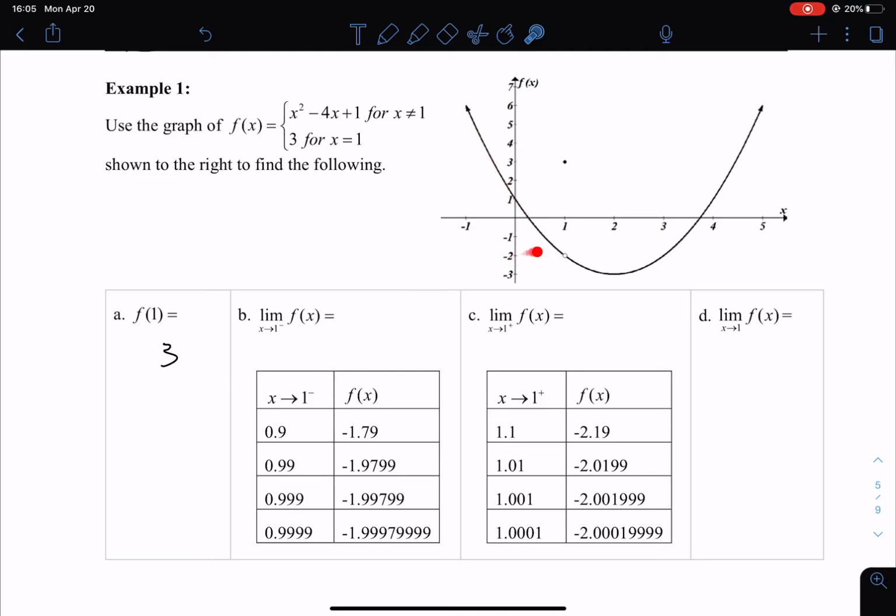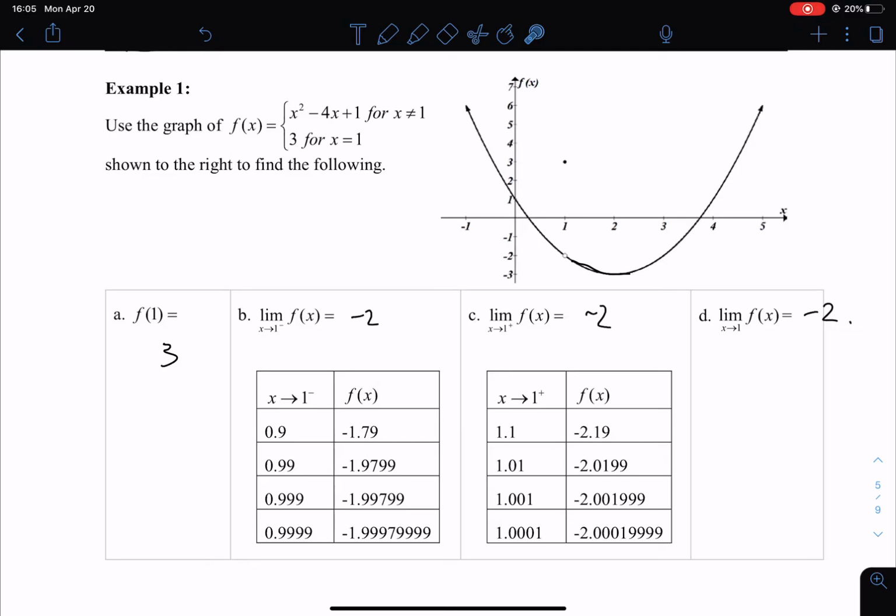Then you can see it's actually negative 2. And similarly, 1 plus, we use this branch, it's still negative 2. So no plus, no minus sign, just 1. We have to check if the left side limit equals the right side limit. Both of them are negative 2, so the limit exists, it's just negative 2. So this is the first method if you are only given a function graph.